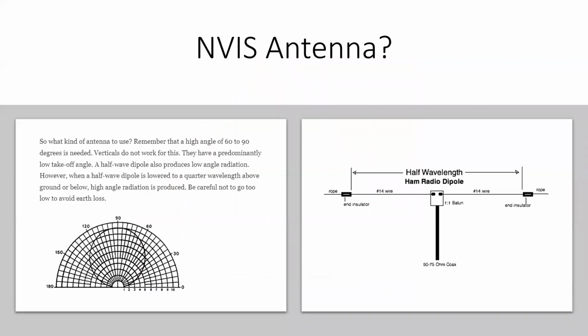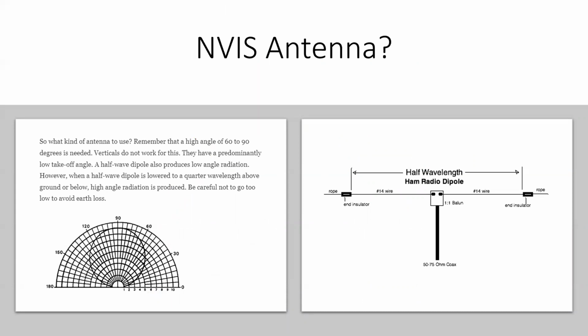All right. Well, what about antennas for NVIS? I'm not going to go into a lot of detail, but chances are you have an NVIS antenna. If you have a horizontally polarized antenna, it's probably going to have a pattern somewhat like what's shown on the left.